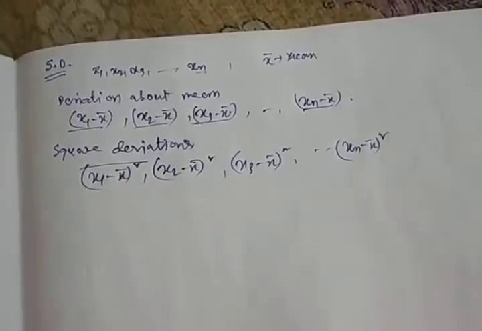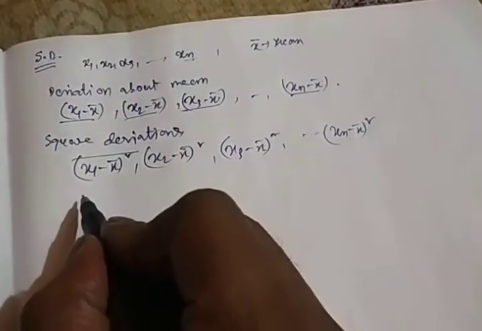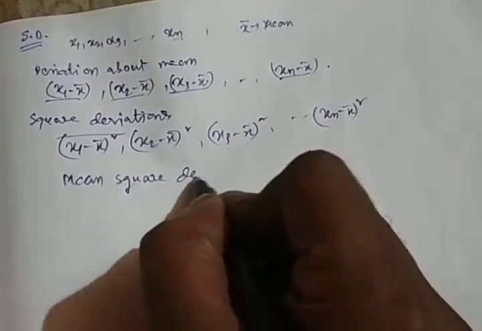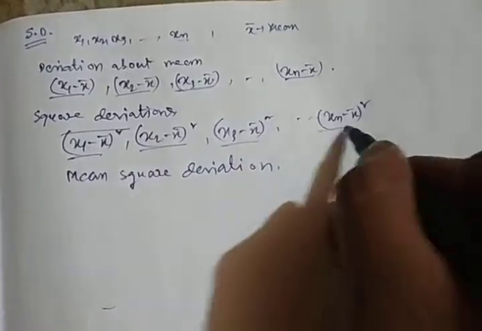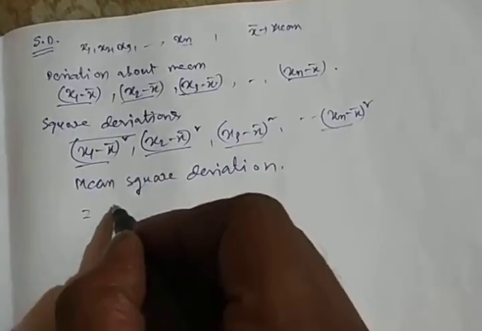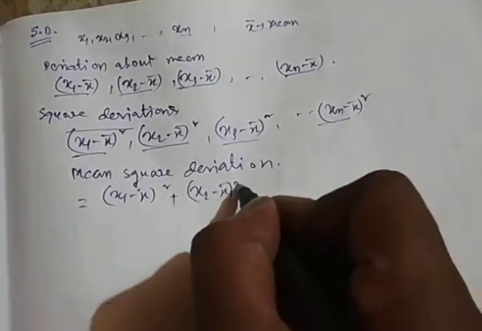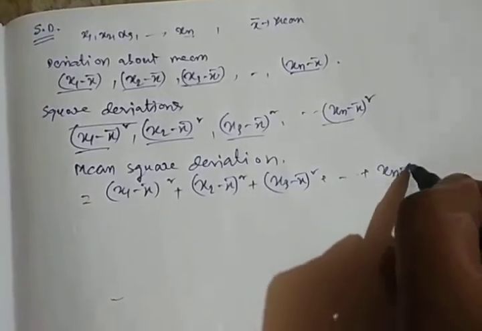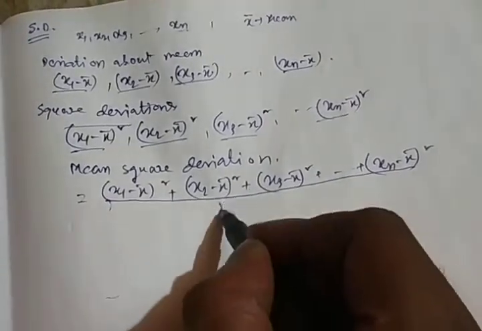So the mean square deviation: there are n deviations given, so the mean of these square deviations will be x1 minus x bar square plus x2 minus x bar square plus x3 minus x bar square, up to xn minus x bar square, divided by the total number of observations, which is n.